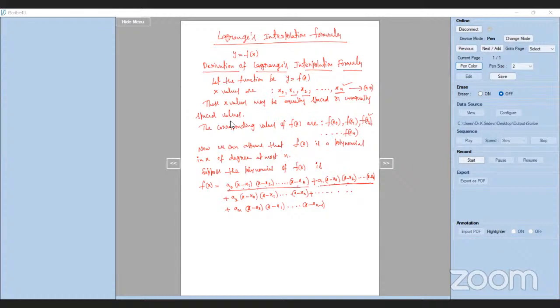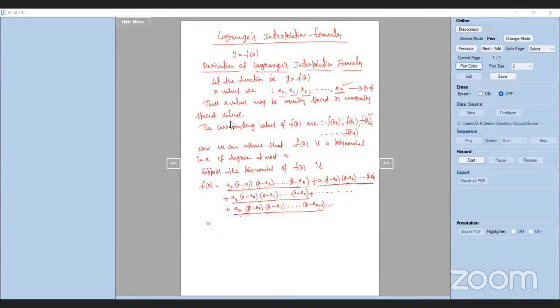In the third term, the coefficient of these factors is a2, and x2 should not appear, and so on. The last term has coefficient an. In this term, xn should not appear, so the factor x minus xn should not appear. xn minus 1 is the preceding value of xn.